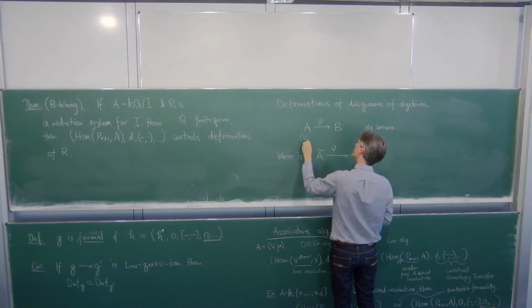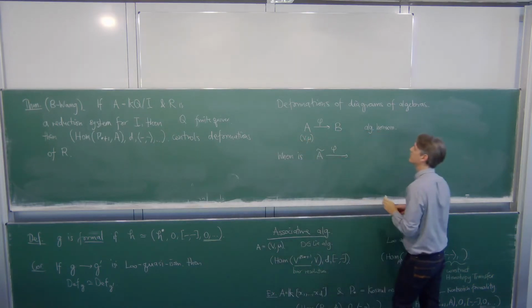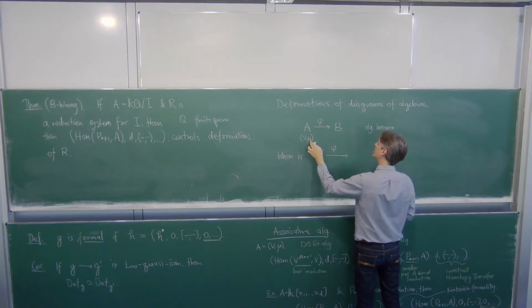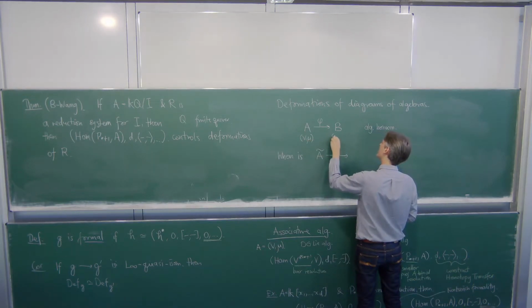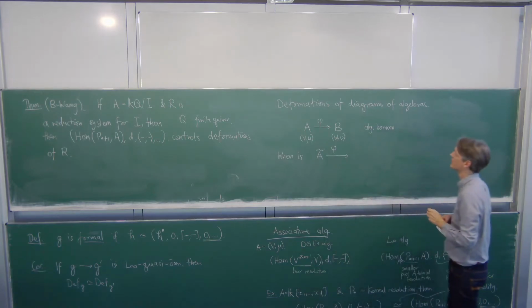A is a vector space V and an associative multiplication mu, and B is some other vector space and an associative multiplication on there.